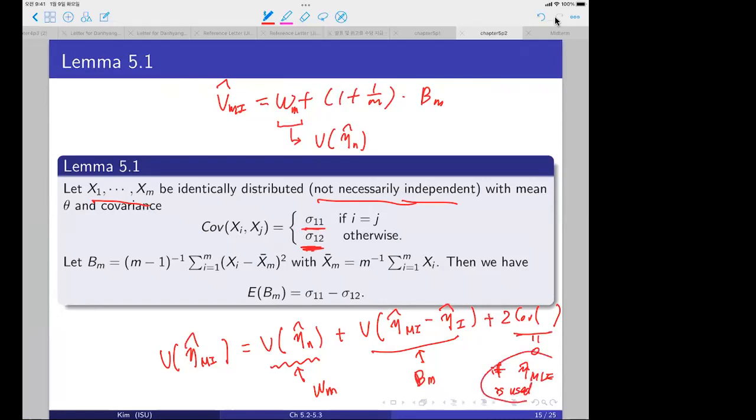So that's one important message that was neglected in Rubin's original idea. So Rubin has a very interesting idea, but what he missed is this covariance, and actually, this fact was found by me.